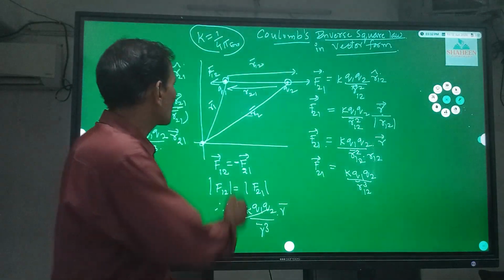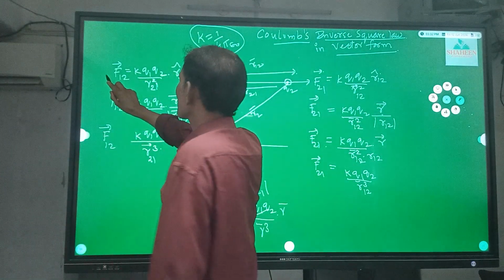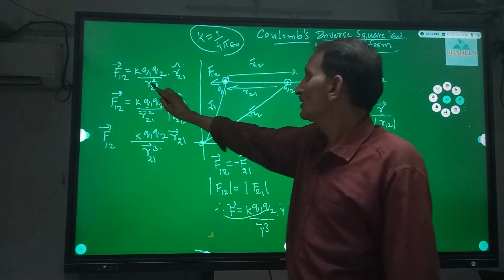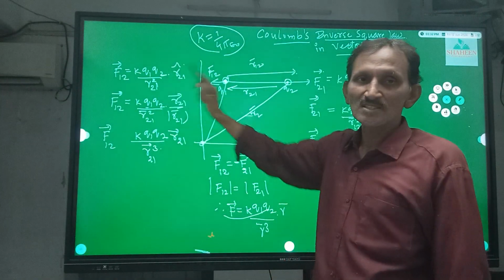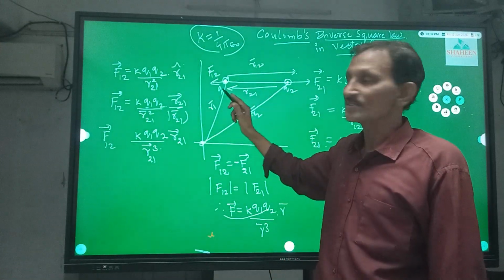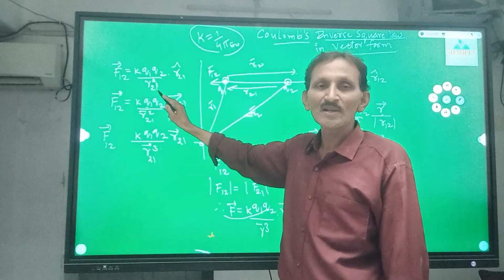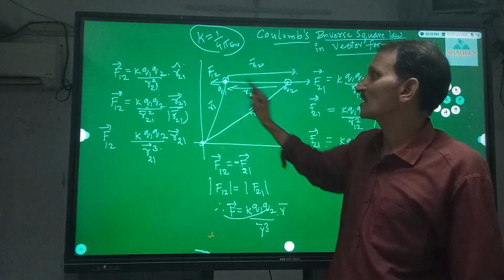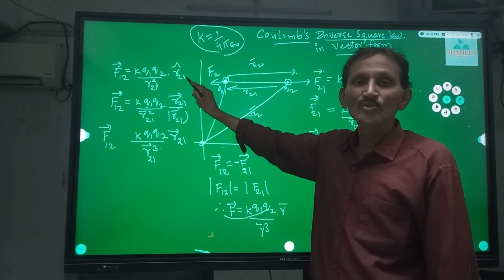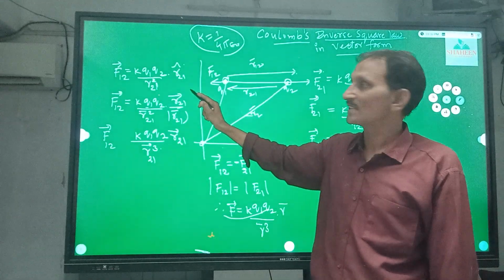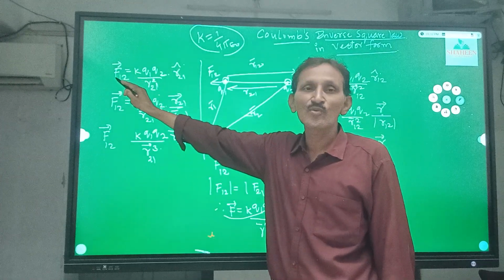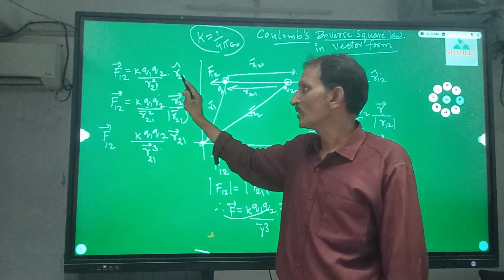Similarly, observe this side. Here the force is on the first charge due to the second charge: K Q1 Q2 by the distance from the second charge to the first charge, with a unit vector. The unit vector gives the direction, and this is the magnitude for this force vector.